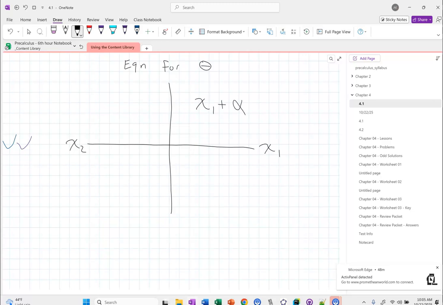So if we're in quadrant 1, we should do x1 plus alpha. If we're in quadrant 2, we're going to do x2 minus alpha. In quadrant 3, we're going to do x2 plus alpha. And in quadrant 4, we're going to do x1 minus alpha.